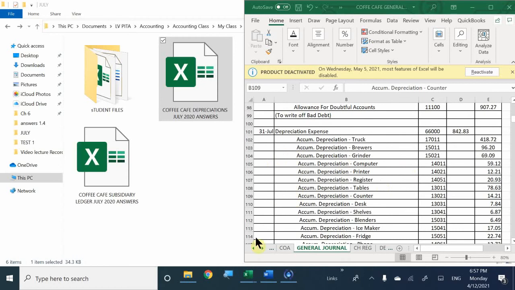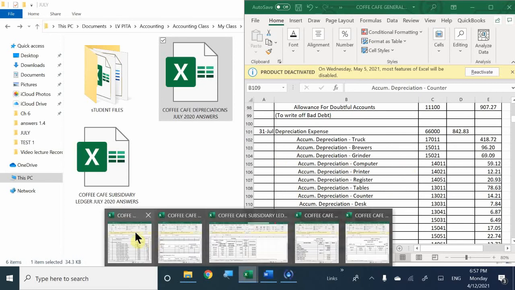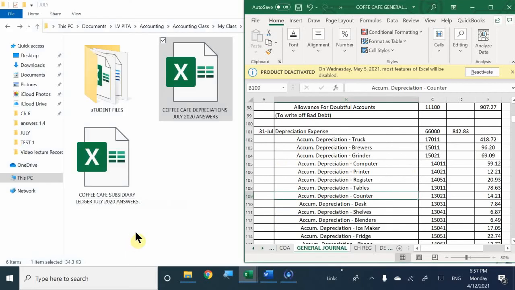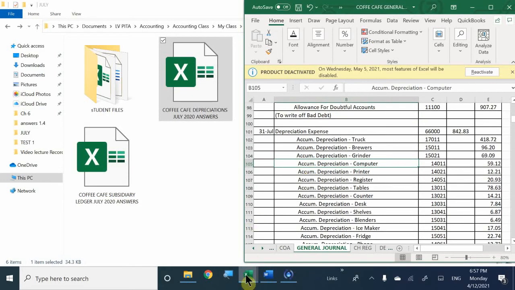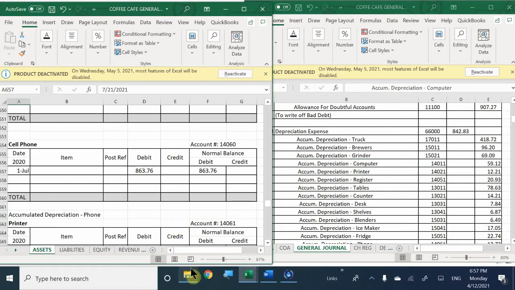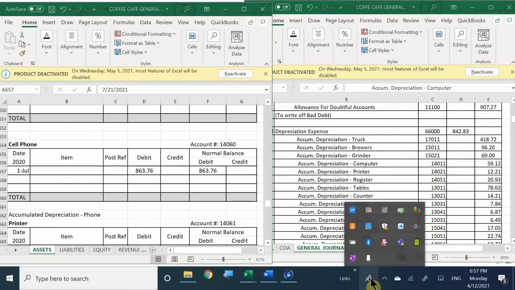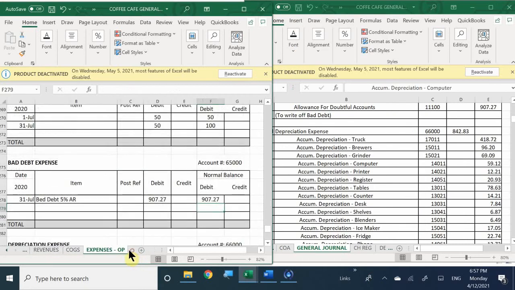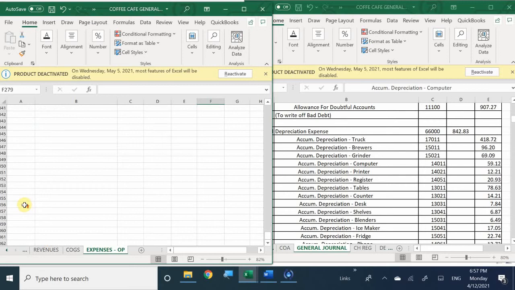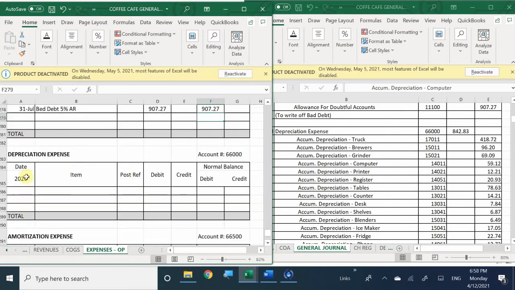Okay. So now that we fully journalized our depreciation expense, let's go ahead and update our ledger. So starting from depreciation expense, okay, so here we are, depreciation expense. So here, 731.